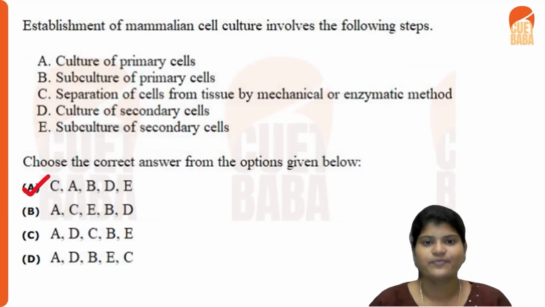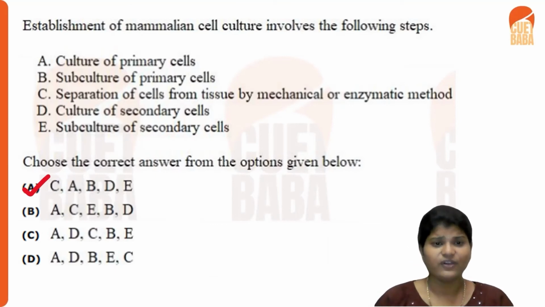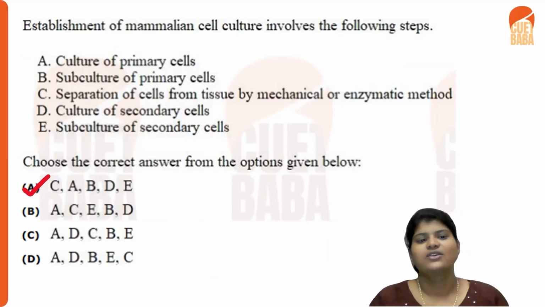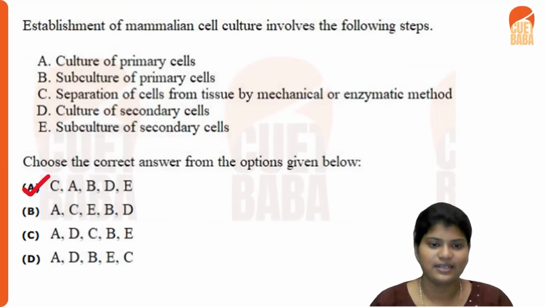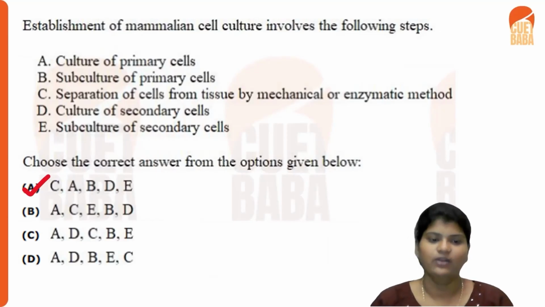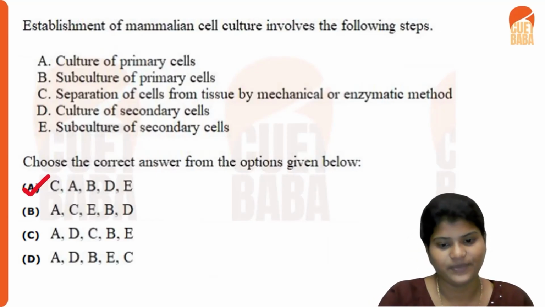Secondary cells will also have cell lines with finite cell growth and/or continuous cell growth. Once the secondary cell culture is over, we go again for subculturing of secondary cells. So the order will be C, A, B, D, and E. Option A will be the correct answer.